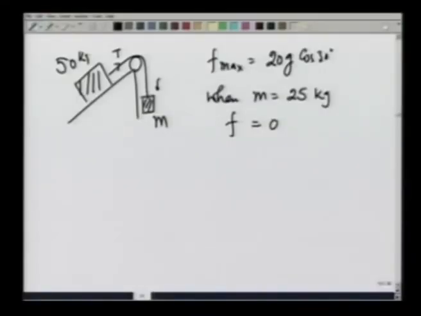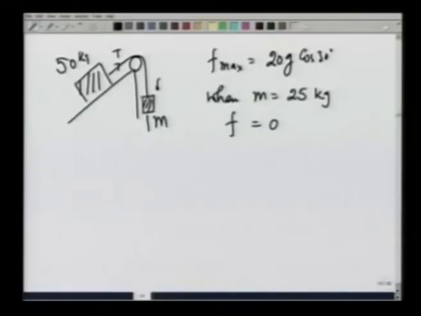What if I go beyond 25 kgs? If I go beyond 25 kgs, this mass would now start pulling the bigger mass up, and the direction of frictional force would change.